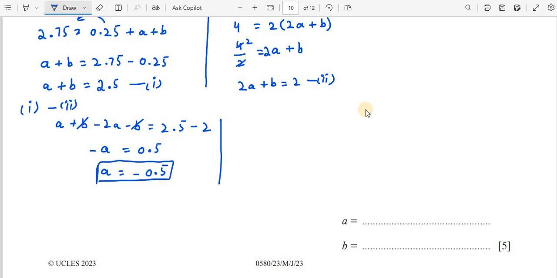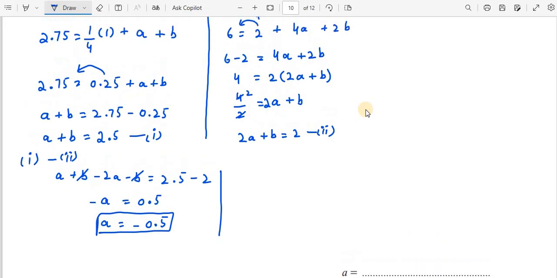To find the value of b, put the value of a in equation number 1. This is equation number 1. So a is minus 0.5, plus b is equal to 2.5.